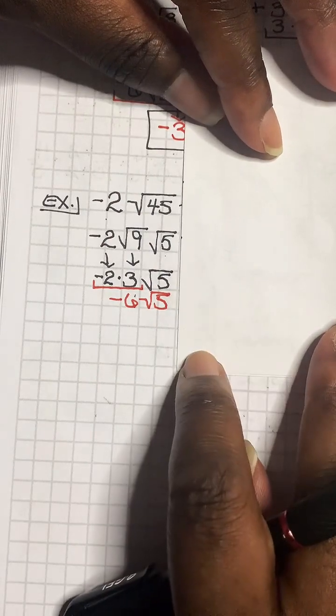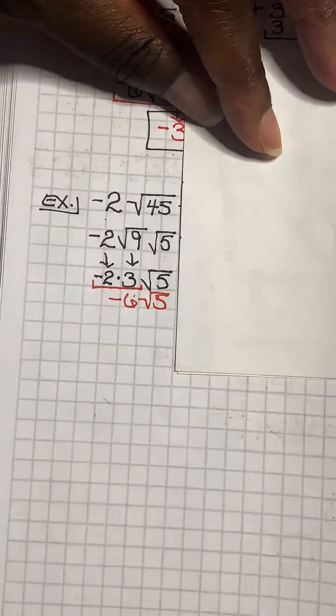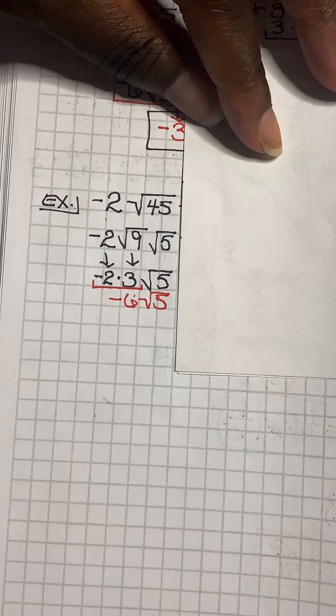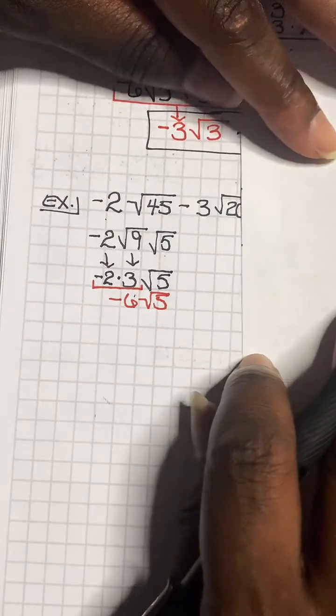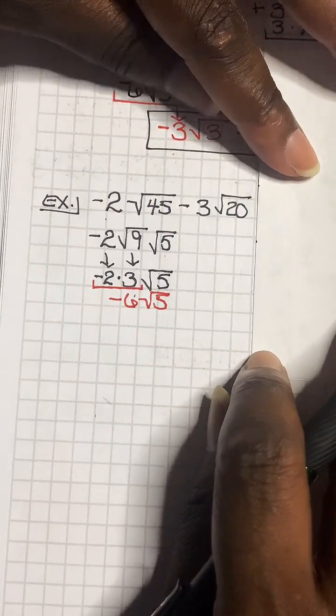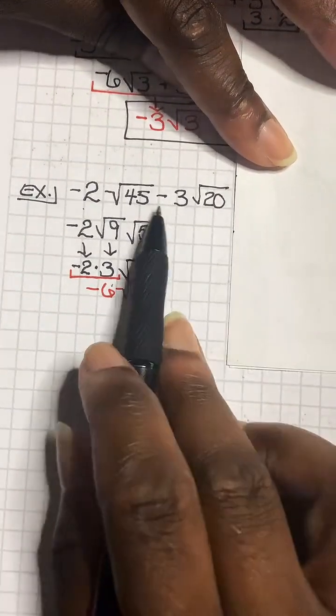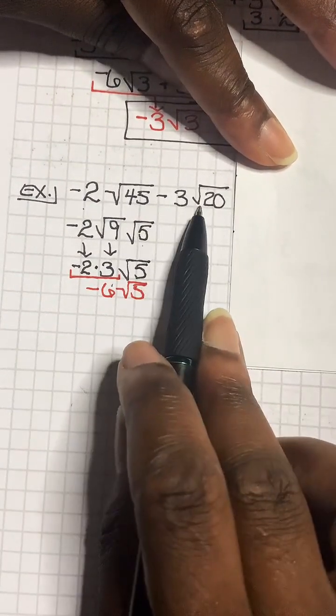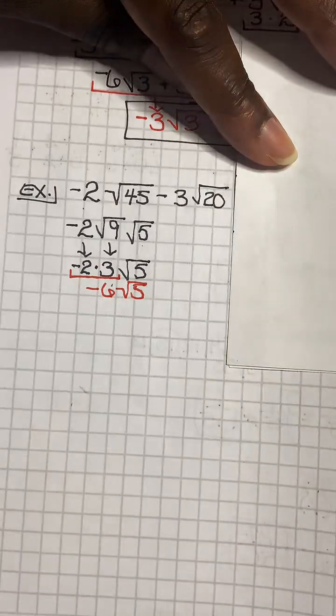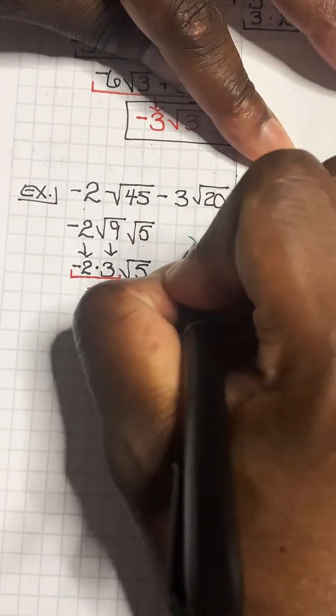You're like, there's more? I'm like, yes, there's more. So now we're going to the middle section. The middle section, we have a -3 and the square root of 20. Well, I know that square root of 20 can be broken down into 4 and 5.